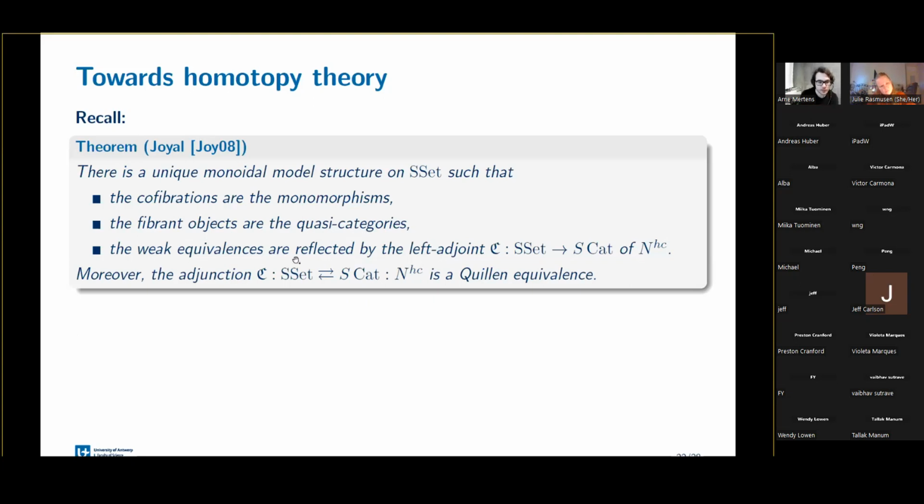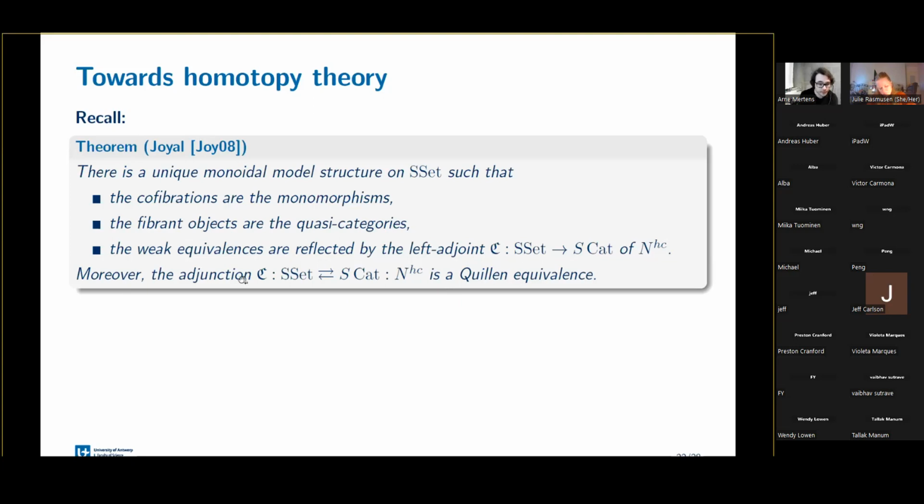And the weak equivalences, there are many different equivalent ways of describing them, but one of the ways is saying that they are reflected by the left adjoint of the homotopy coherent nerve. So the homotopy coherent nerve goes from simplicial categories to simplicial sets. The left adjoint goes in the opposite direction, and you can characterize the weak equivalences through this left adjoint.